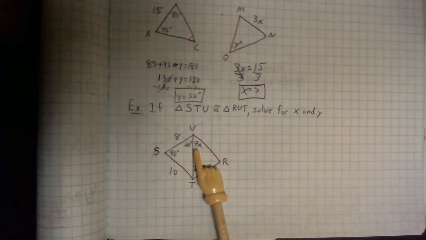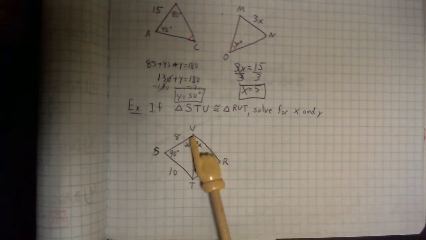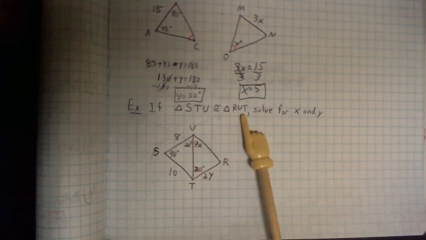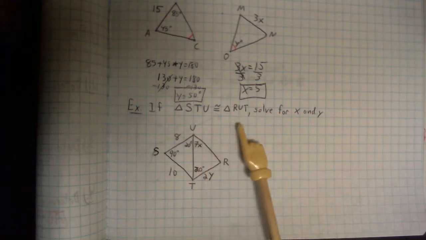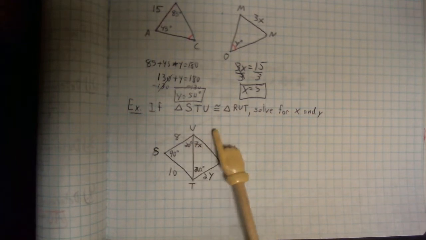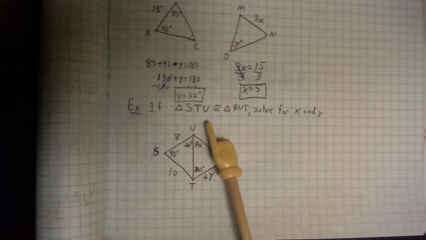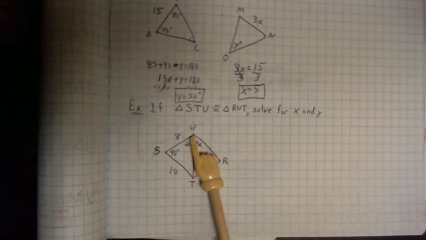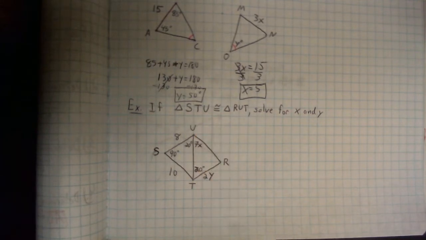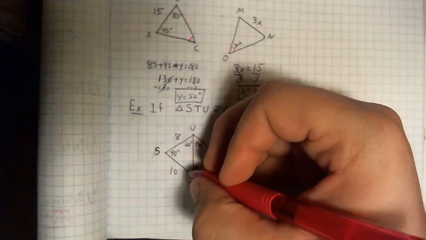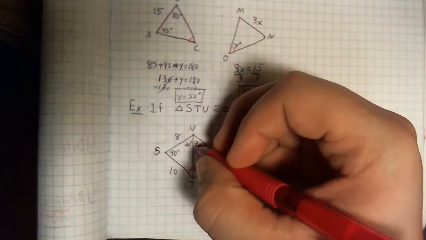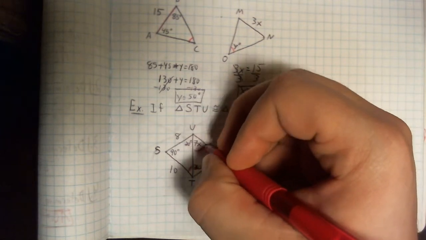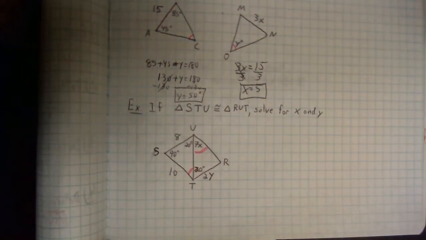Well, x is up here at angle RUT. So I need to think about the angle that matches on this triangle, which is angle STU. So if I can figure out what this angle is worth, I will get this angle right away.